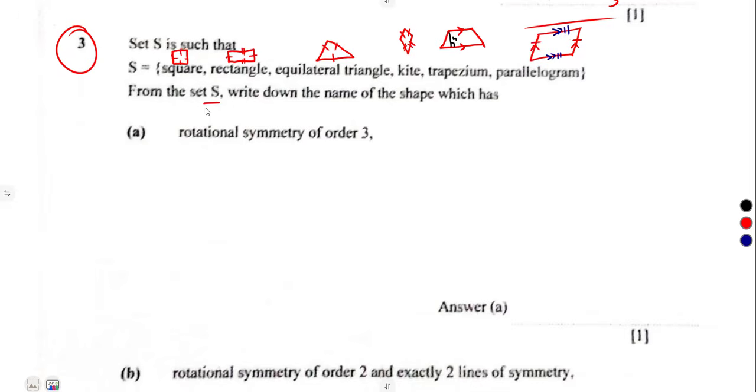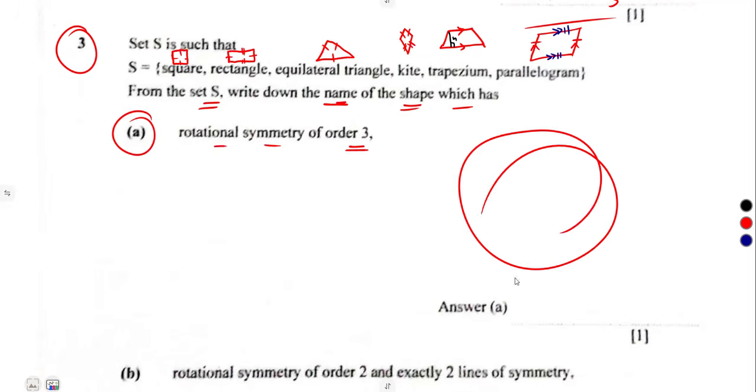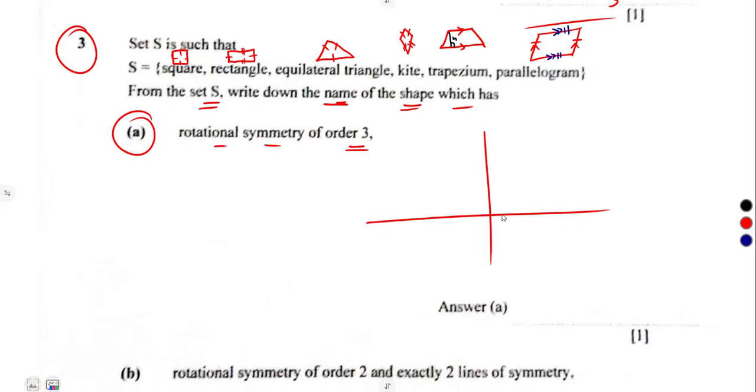So from that set S, write down the name of the shape which has a rotational symmetry of order 3. The rotational symmetry is how the shape is rotating along the plane, through 360 degrees.